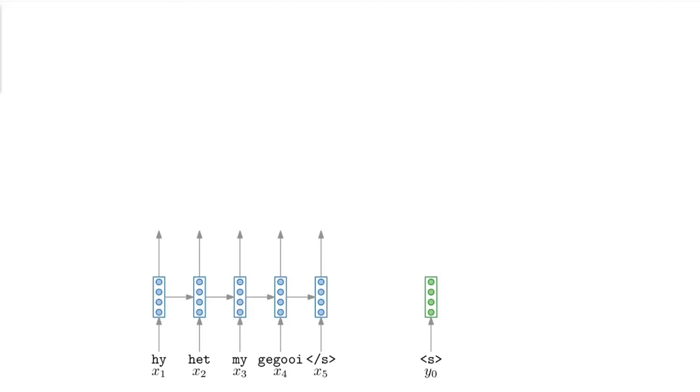So I literally take the dot product between the first blue vector and this green vector here. What do I get out? A scalar, a real number, so it can have values from minus infinity to infinity.